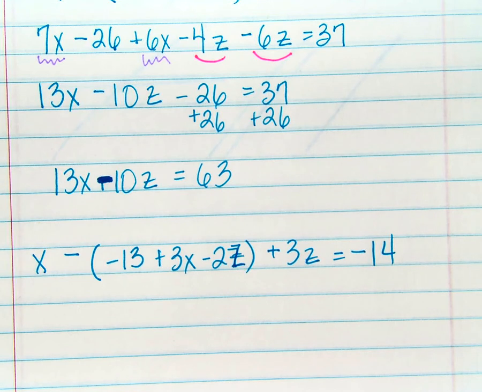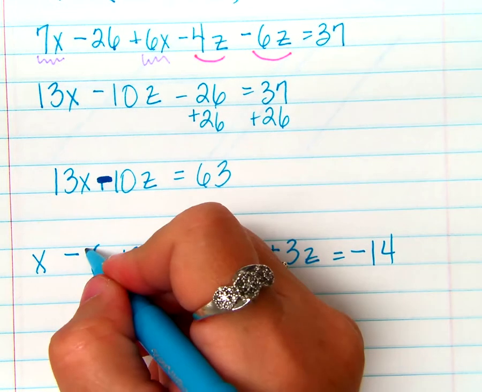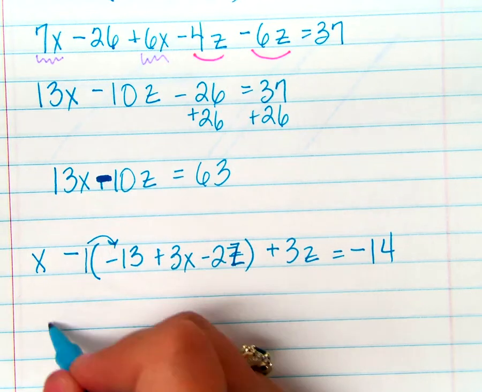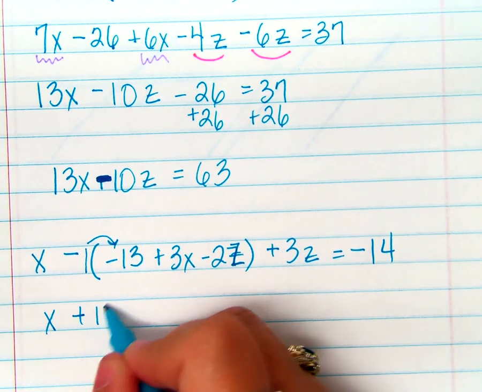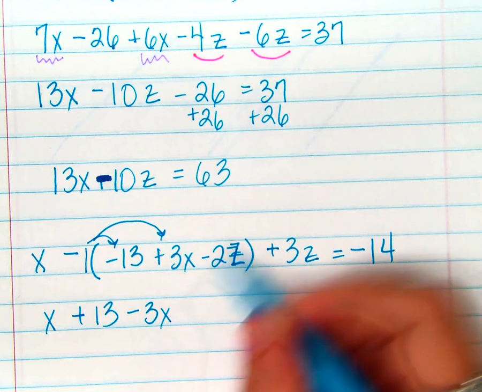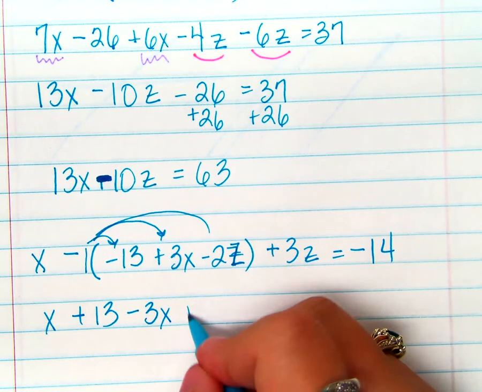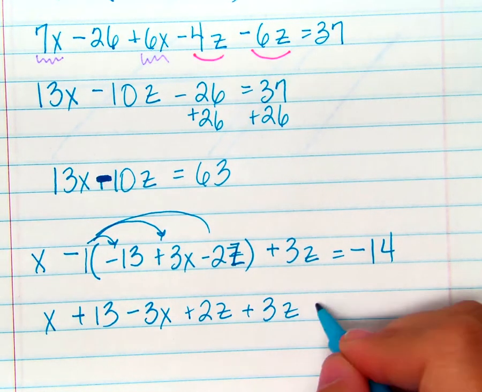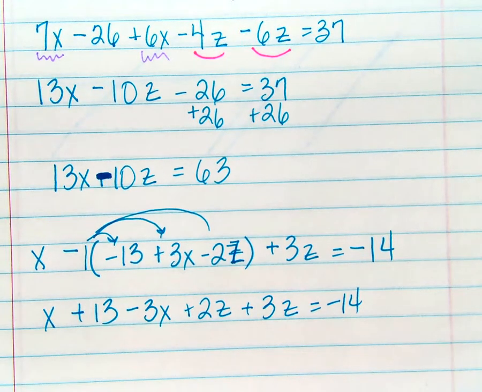Is there anything to distribute here? Like we did on the last one? Yeah, the negative. Isn't there like a 1 right here, a negative 1? So when I distribute that, I get x plus 13 minus 3x plus 2z plus 3z equals negative 14.